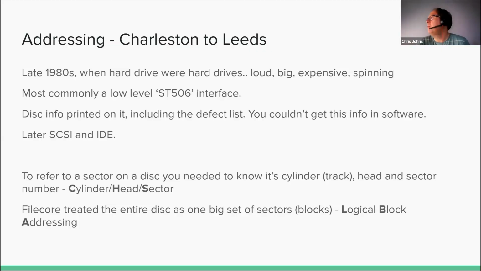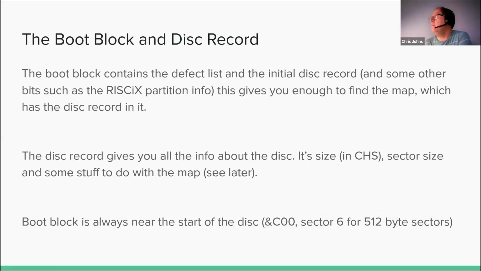So the terrible pun with the name of the slide is that Charleston Airport in America has the airport code CHS, and Leeds Bradford Airport has LBA, so Charleston to Leeds. So yeah, within Filecore, everything is just treated as a block number from the start of the disk, and you hide the details of the heads and cylinders and all that sort of stuff. Which makes it slightly easier.